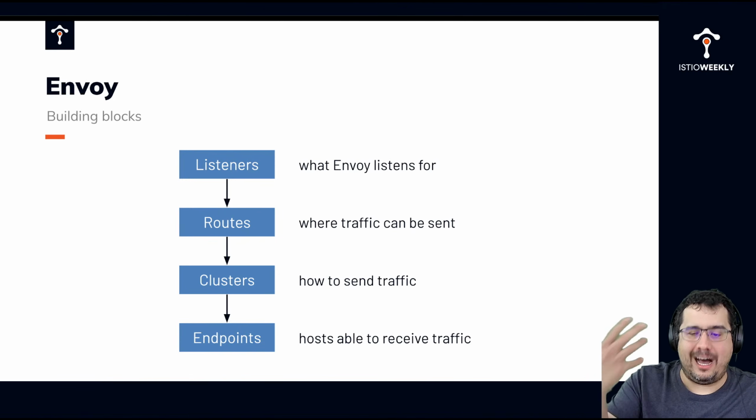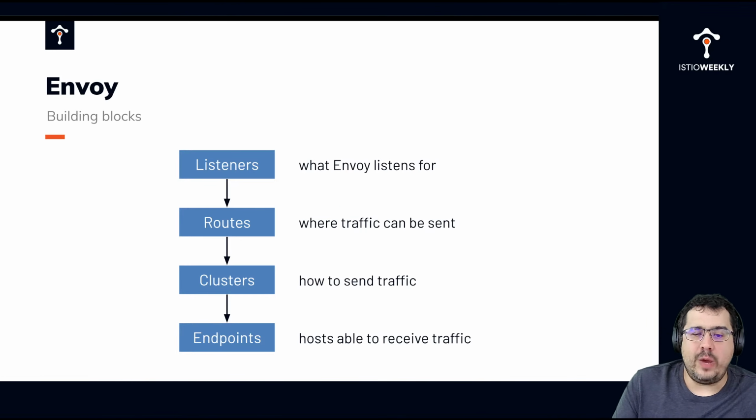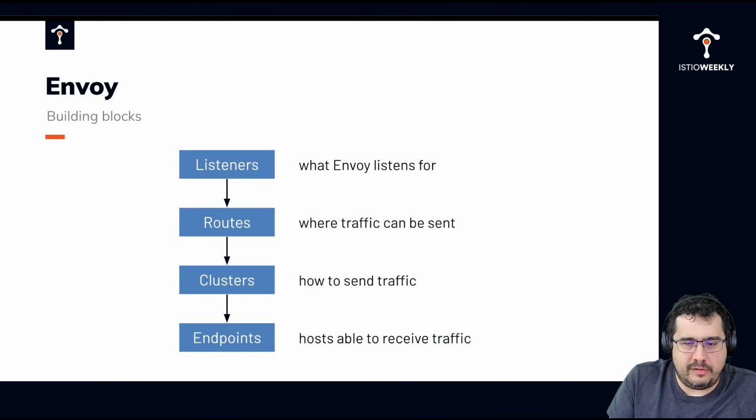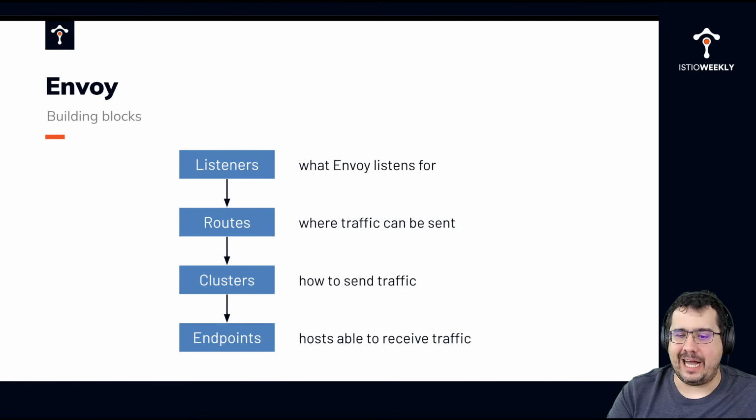So once we've received the request, we know where to route it using the routes. We know how to send it using the cluster and the load balancing policies. We can then select an endpoint to send the traffic to. This is where we go from a logical entity, like cluster A, to an actual physical IP address and port in an endpoint.